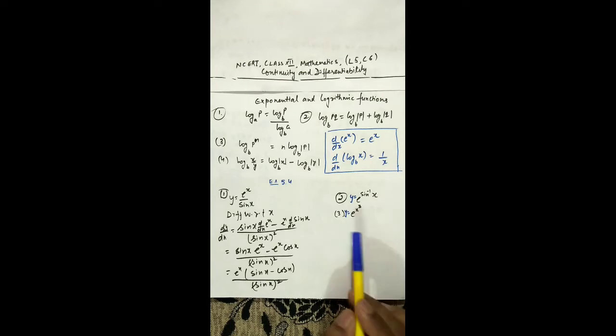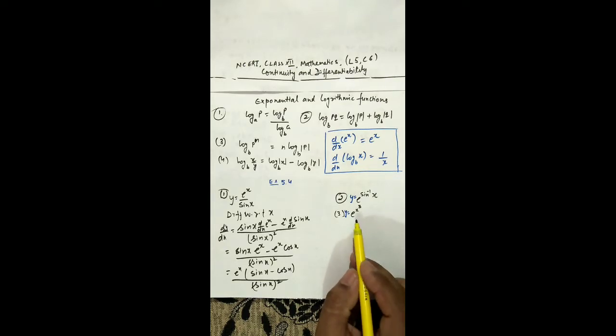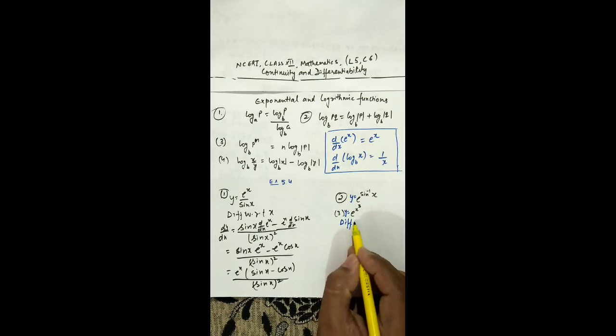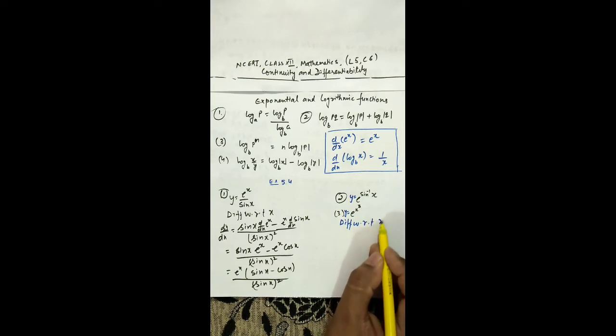Now for part number 3, you may leave it for the time being, because you need to know sin inverse x before you can solve this. So now we are coming to question number 3: y equals e^(x cube). You can see this is the composition of two functions, first the exponential function and second x cube. So we differentiate with respect to x and apply the chain rule.